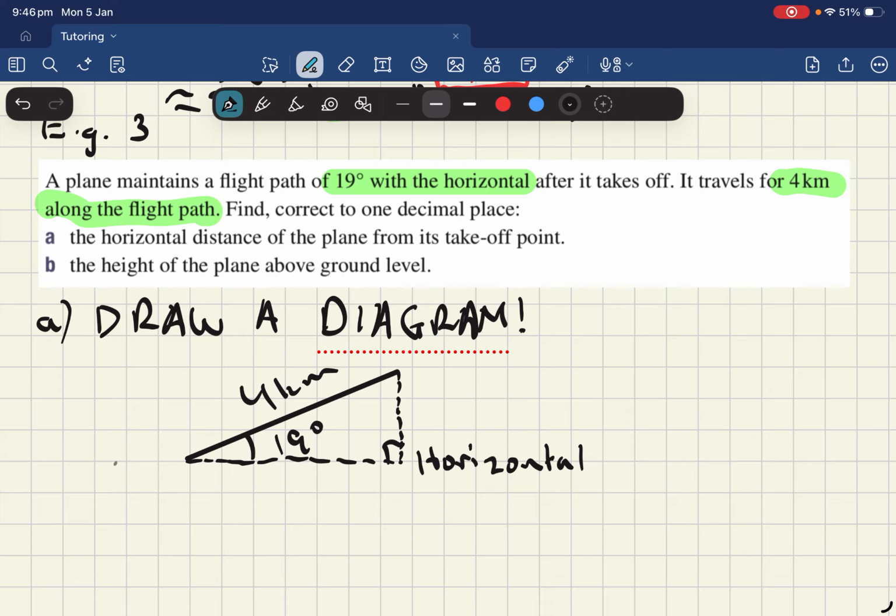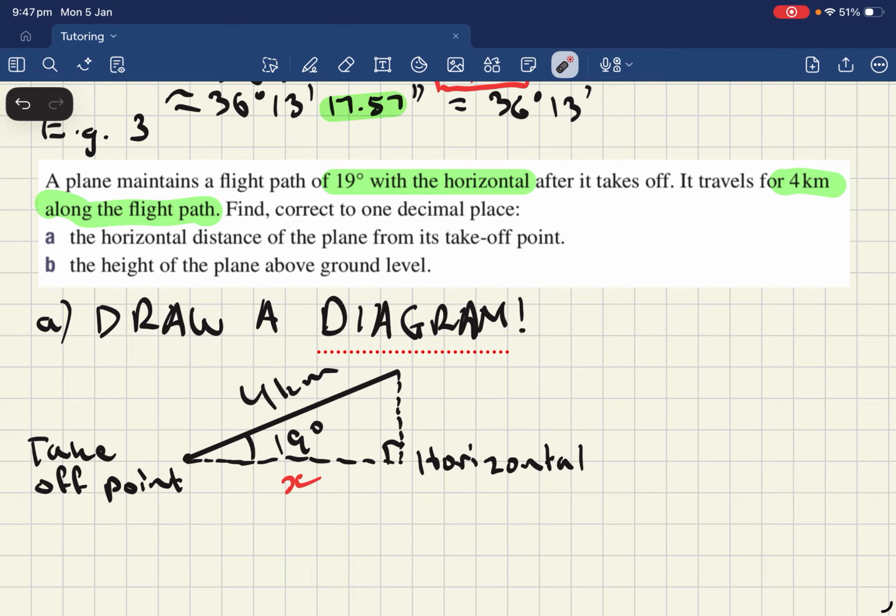So the takeoff point is here, and we're trying to find the horizontal distance. Let's call that X over here. So where it ends up, how far horizontally is it away from the takeoff point?